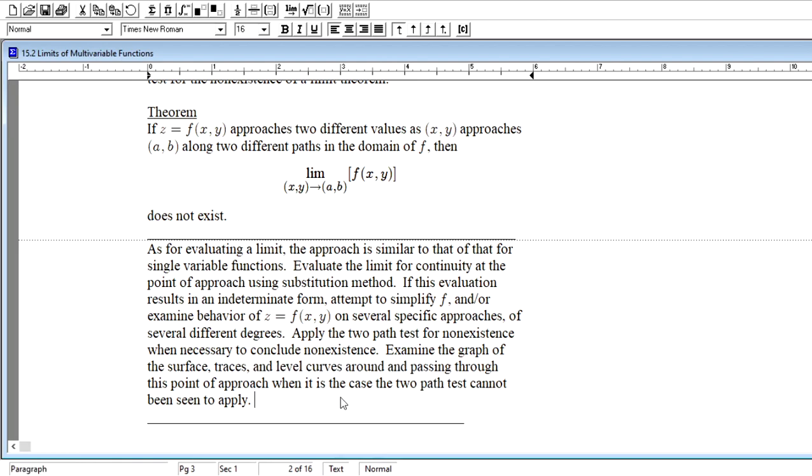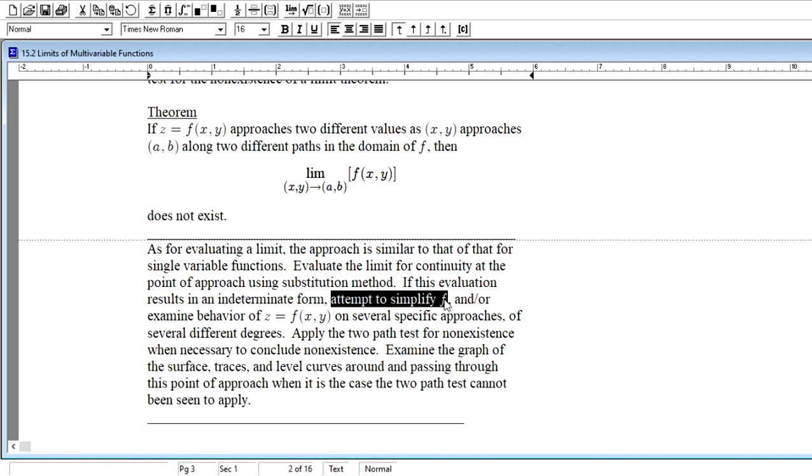All right. So here, folks, it does start off always with some substitution, and if substitution produces an indeterminate form, well, then you need to kind of get into what that is telling you. Right? You're going to have to attempt to try to simplify f if you can.